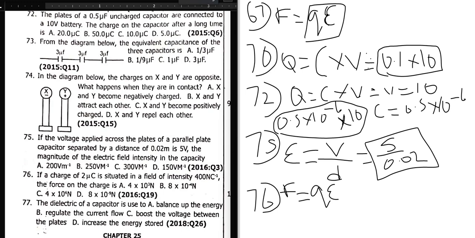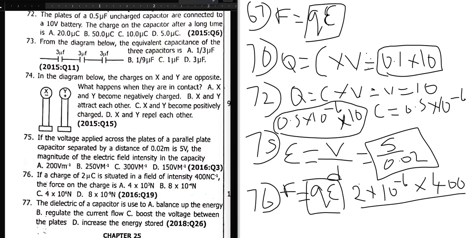And always remember that anytime we have a micro in front of anything, we are equating it to 10 to the minus 6. So what we are solving here is 2 times 10 raised to the power minus 6 times 400. All right. Thank you very much.